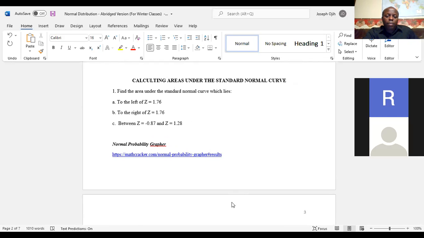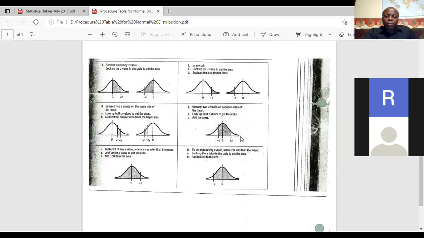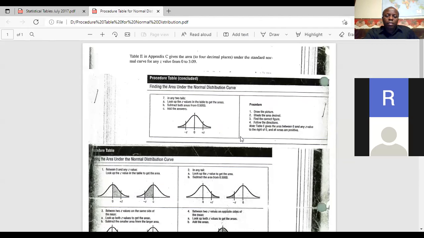Now, let me upload something for you. I'm going to upload it in your class, in the files. It is called a procedure table. We'll be using it now to calculate some of the areas under the normal curve.